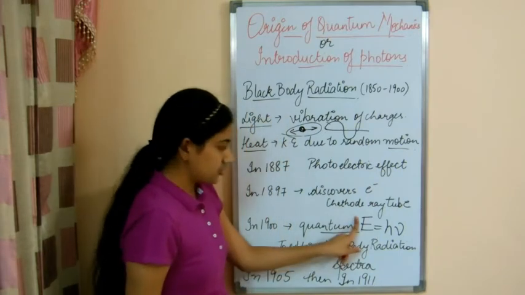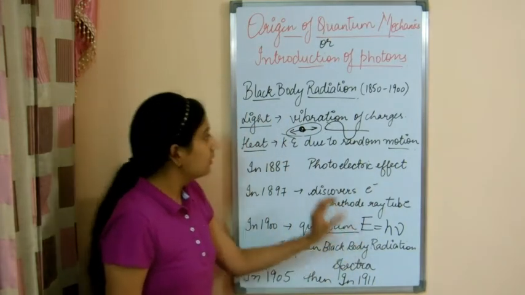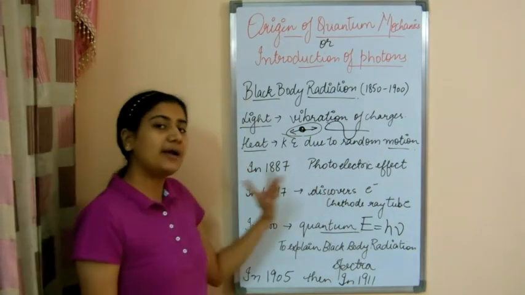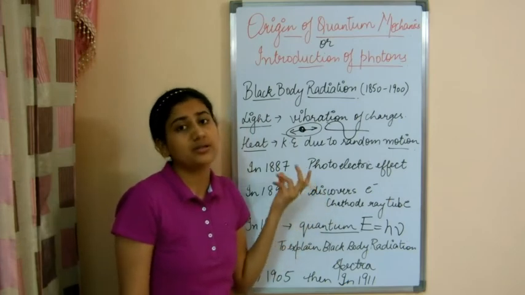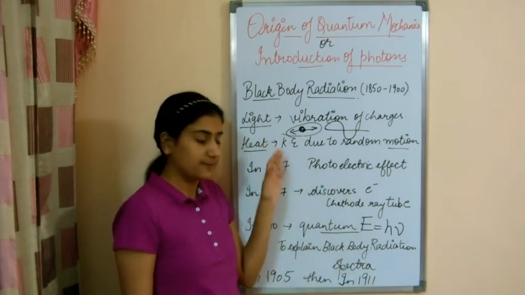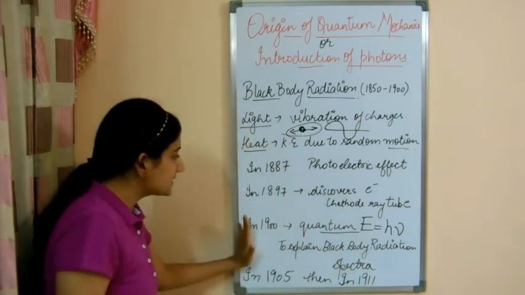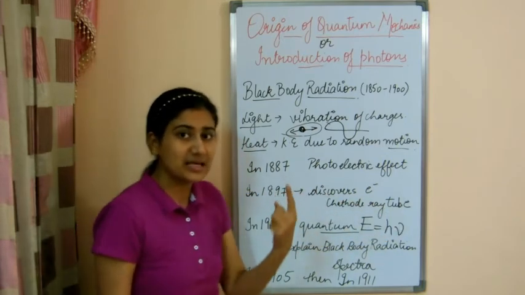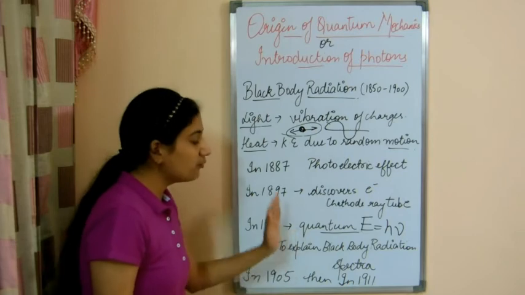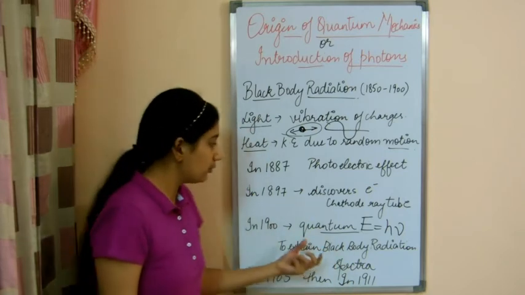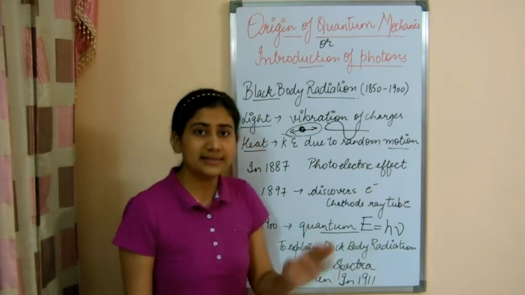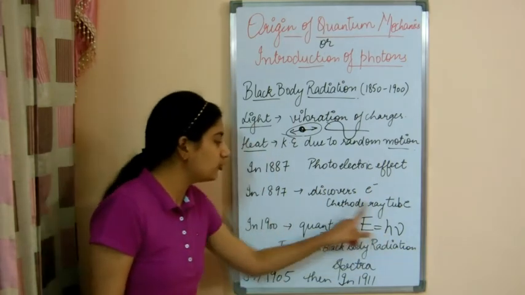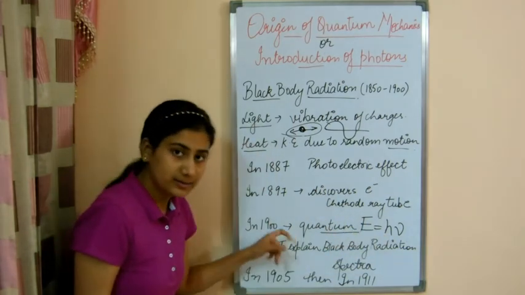Now this assumption was made to explain blackbody radiation, the photoelectric effect, and many more effects or discoveries which were made earlier. All this was first assumed as a single thing, but moving further on, they learned that there are so many things which can't be explained unless they take light to be this quanta.